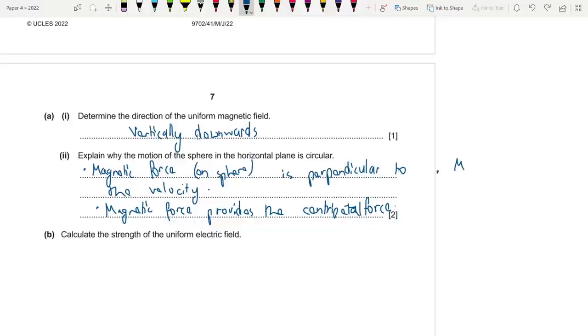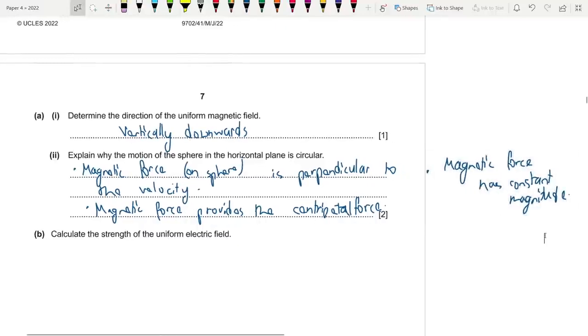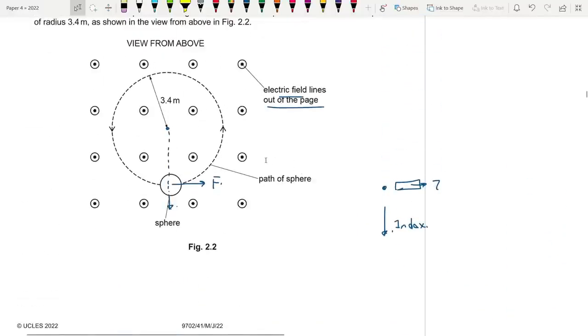The magnetic force has constant magnitude. Okay, so if you did not write this, you'd be losing the 3rd mark. But here, this was also another option for the 2nd mark. Because if the force was not constant, the radius would differ. Do you guys understand? That's the logic basically.